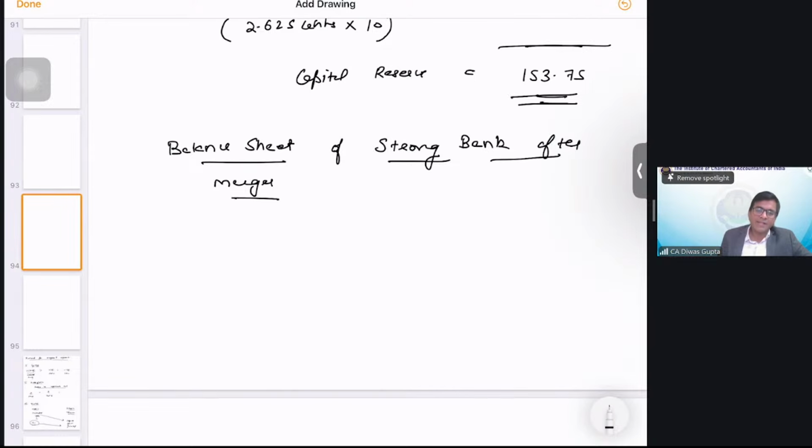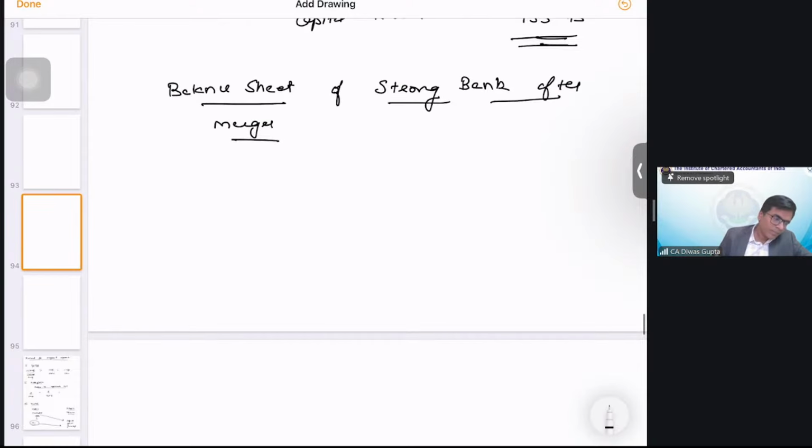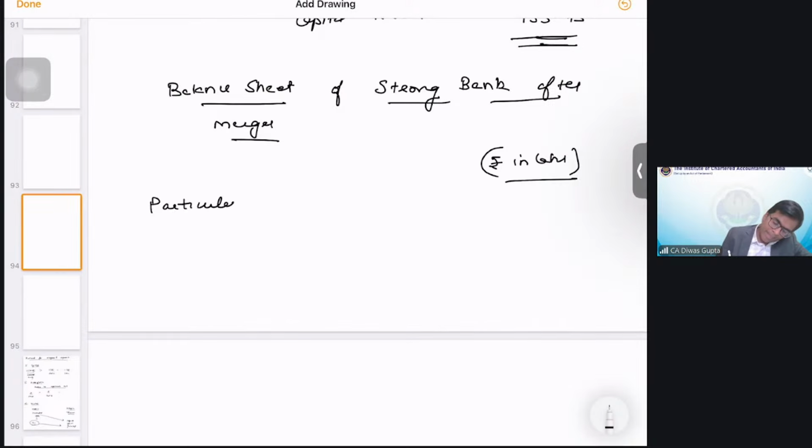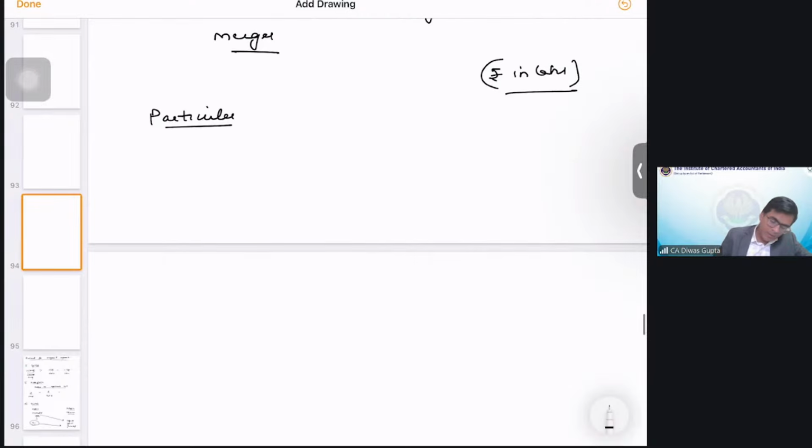Yes, this is as per NDS 103, which is the capital reserve or goodwill. Rupees in lakhs. Particulars. So this is first of all the liabilities, equities and liabilities side.